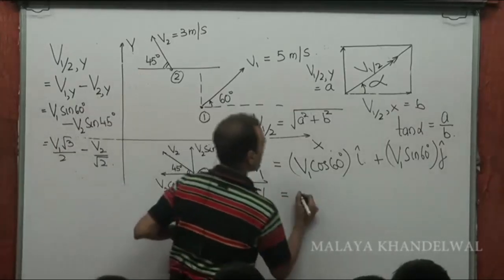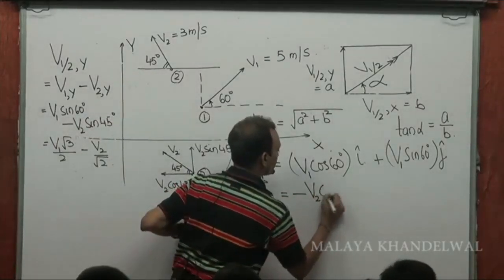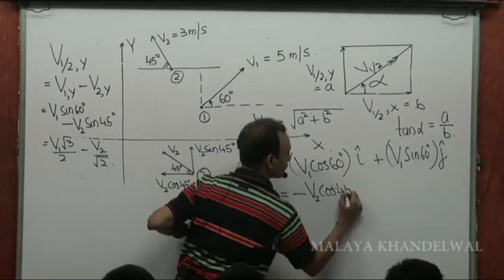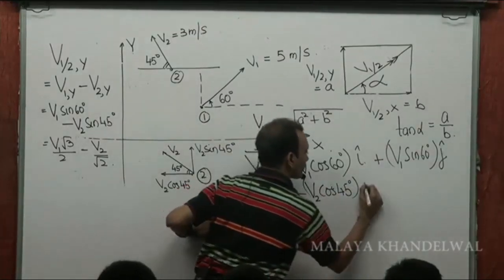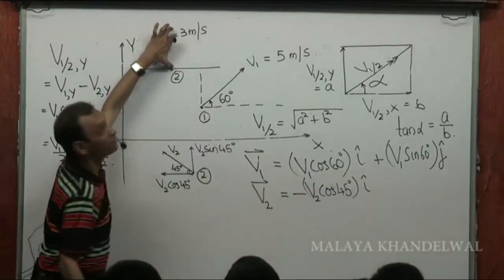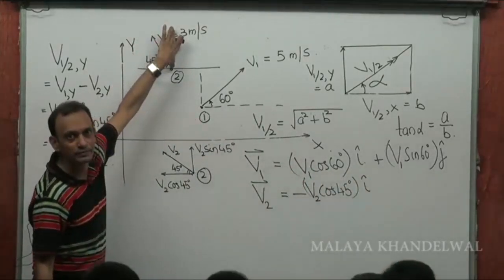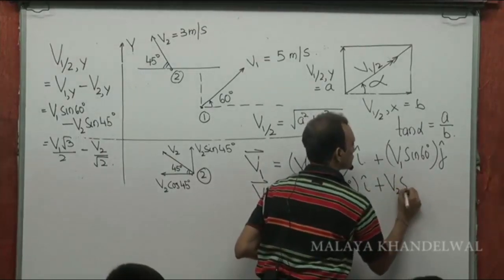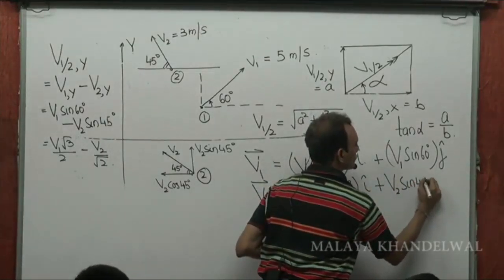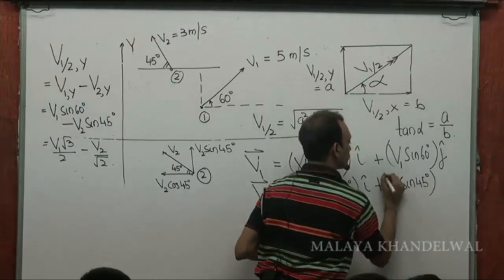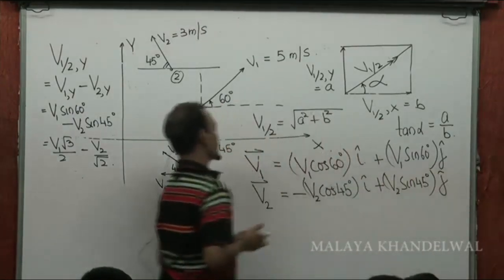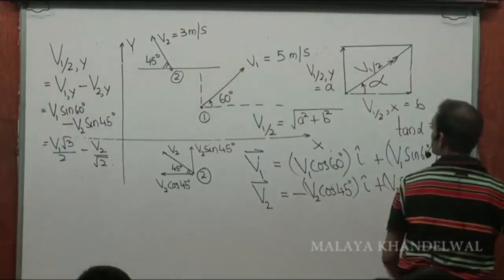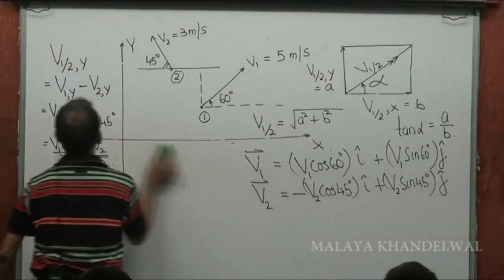So it's going to be minus v2 cos 45 degrees i cap plus v2 sin 45 degrees j cap, right? And now if someone said, what's velocity of 1 with respect to 2, if you have to write vectorially?